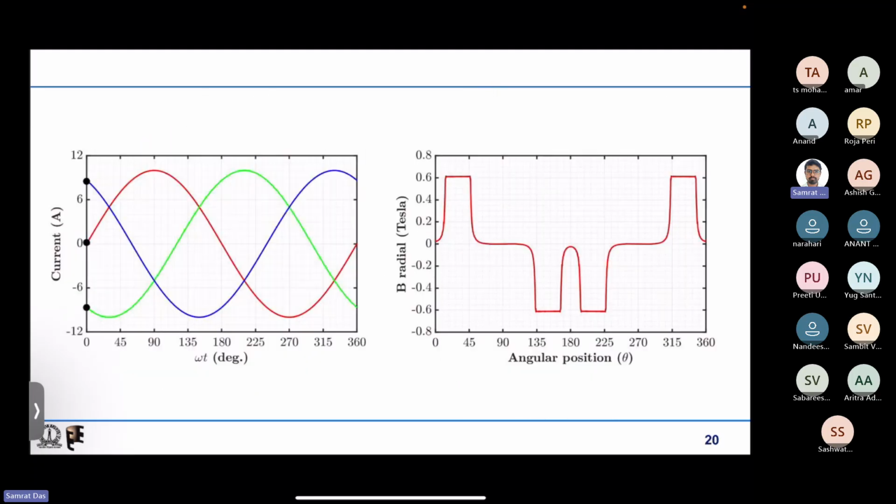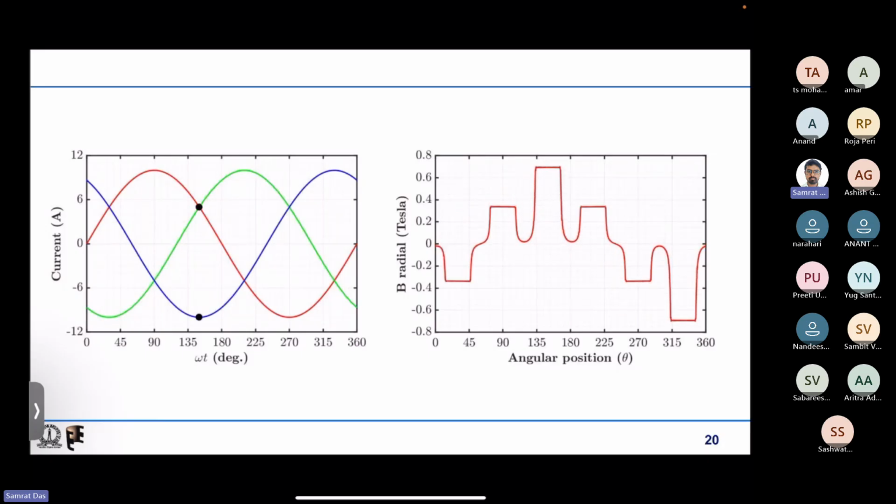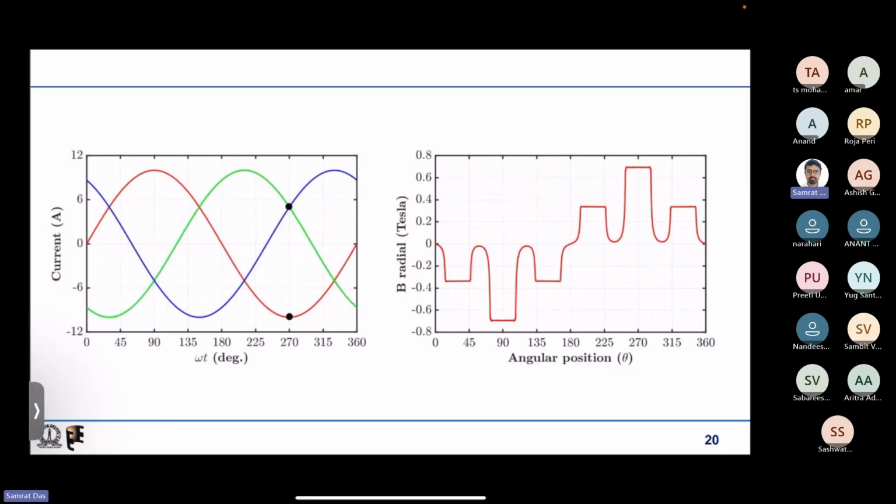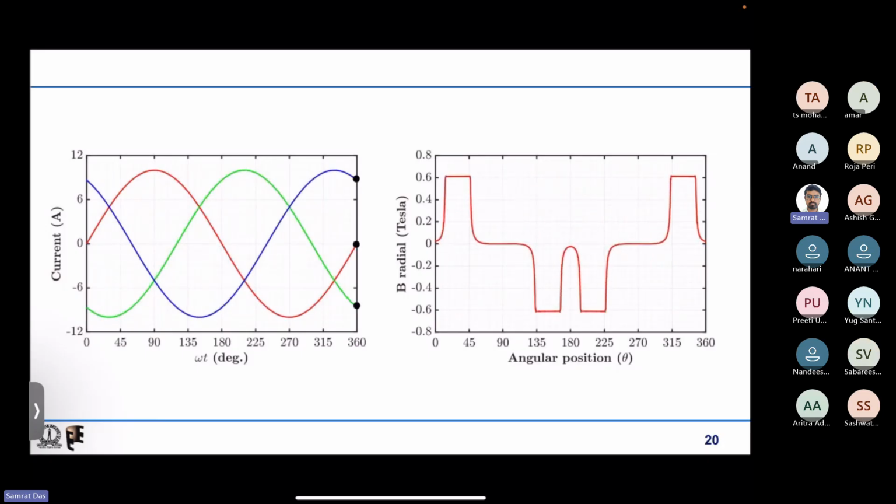We can look at that in a detailed manner, or we can have the animation to visualize it better. So you can see that on the left hand side, as the time instant keeps on progressing, the field also progresses in space.